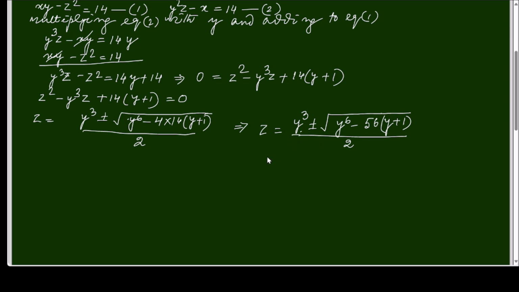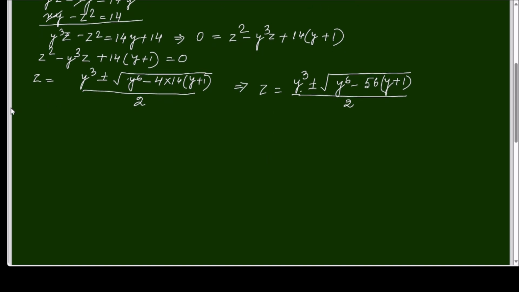Now since the question is about a lattice point, that means x, y, z are all integers. So for z to be an integer, the discriminant has to be a square.